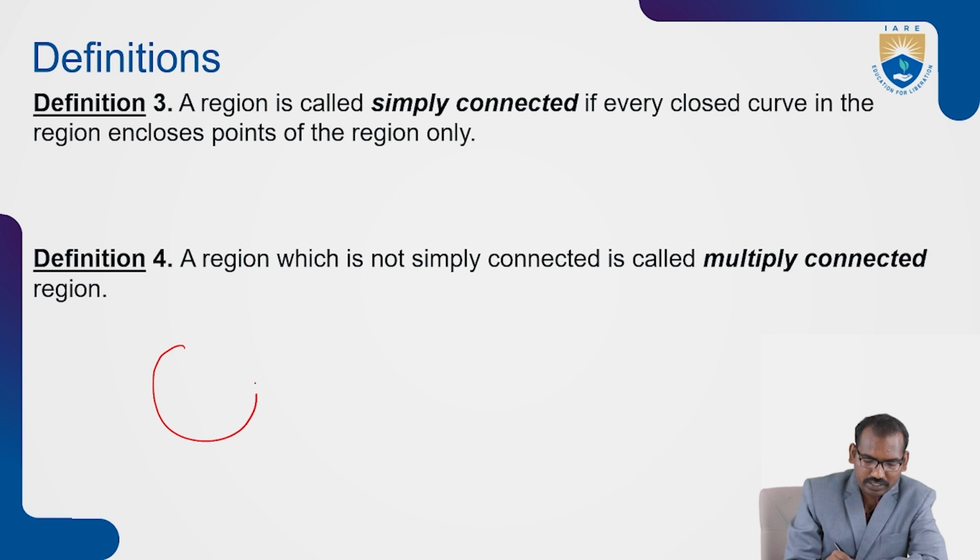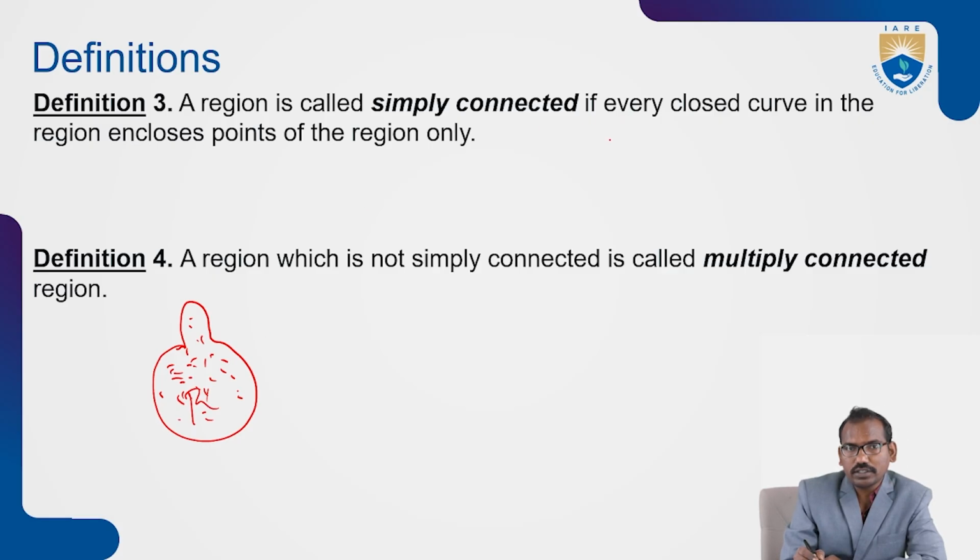Suppose we have a region. That region is bounded by some curve. This is region R. In this region, I am going to take a closed curve.